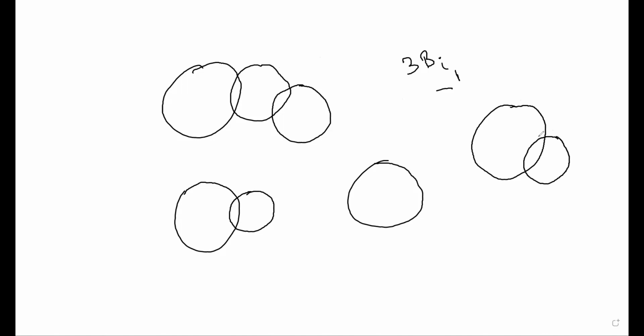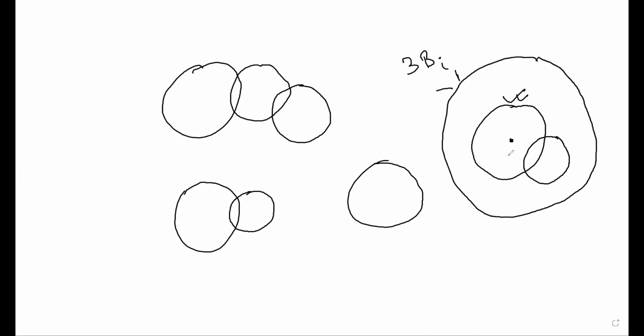And remember that this ball's radius is obviously not larger than this radius, because I have chosen this radius to be the maximal radius. Then obviously these 2 balls can be covered within 3 times the ball of the maximal radius.